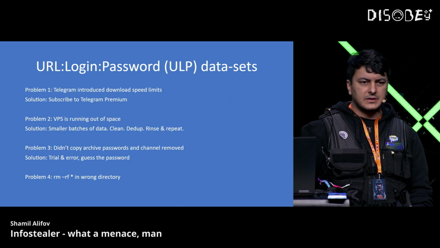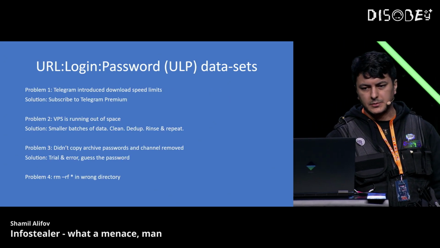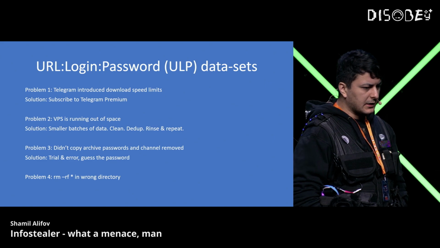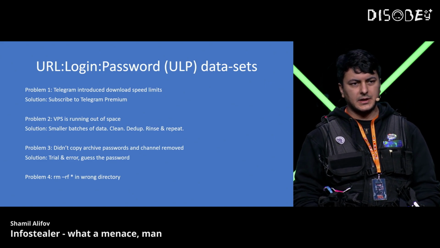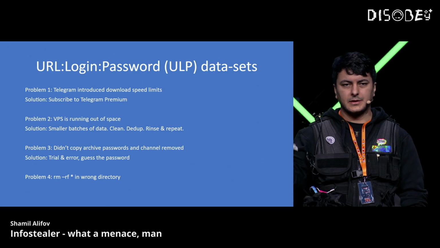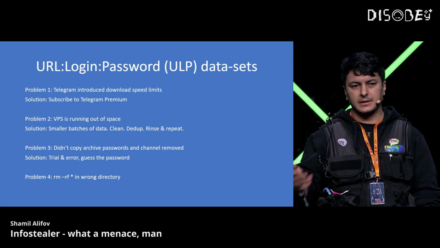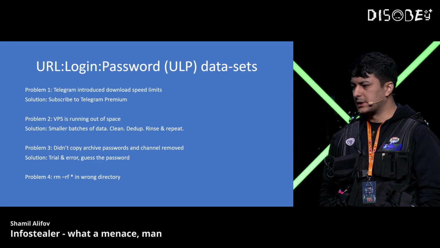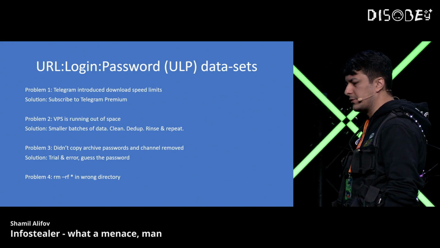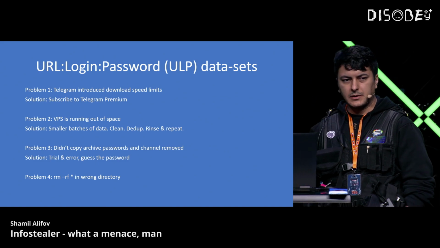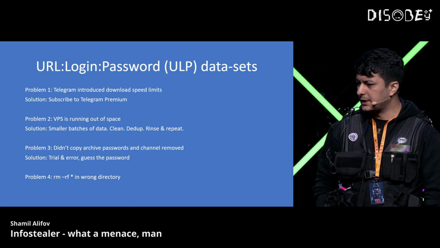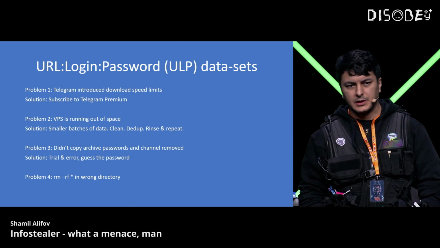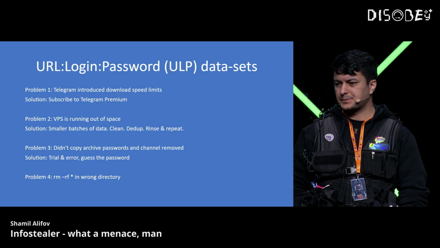When you download this kind of information, you always have some problems. For example, Telegram introduced download speed limits. If you're a free user, you cannot download faster, or it will break and give you a slower rate of download. The solution would be just paying Pavel Durov 20-something or 30-something euros for a year's subscription to Telegram Premium, which removes the speed limits.